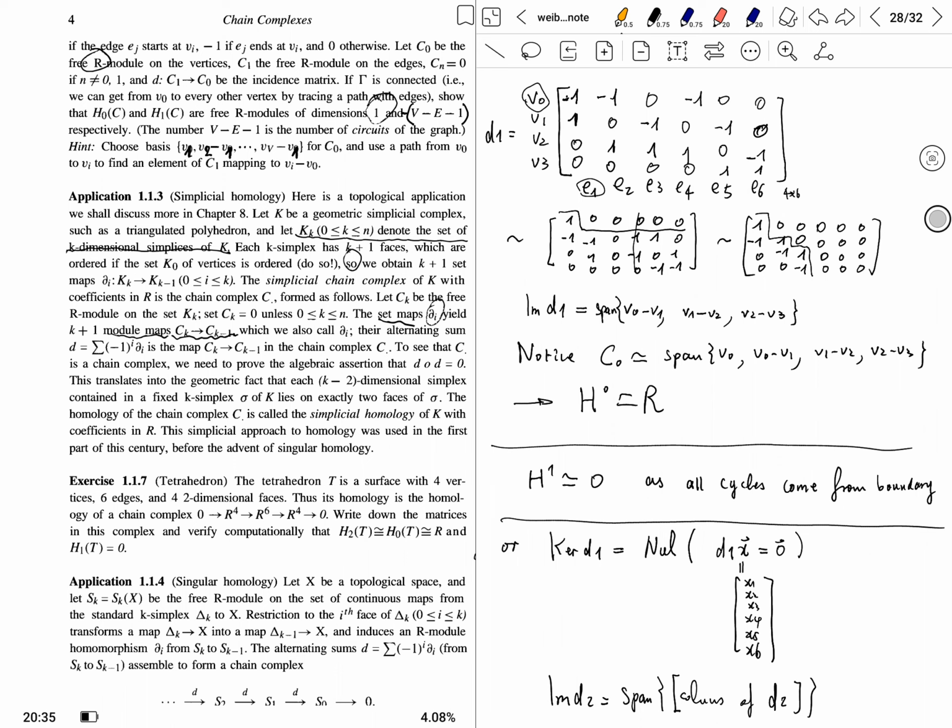You cannot say they have the same dimension, so you just quotient as you do for vector spaces.